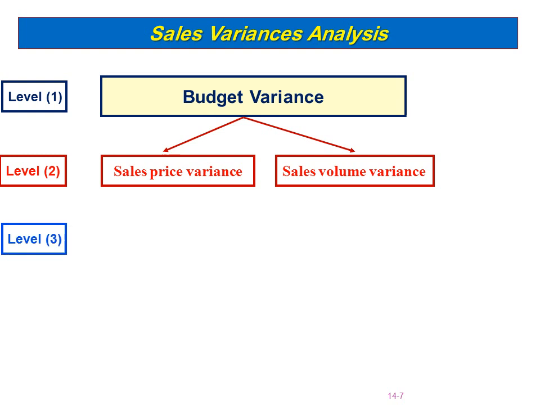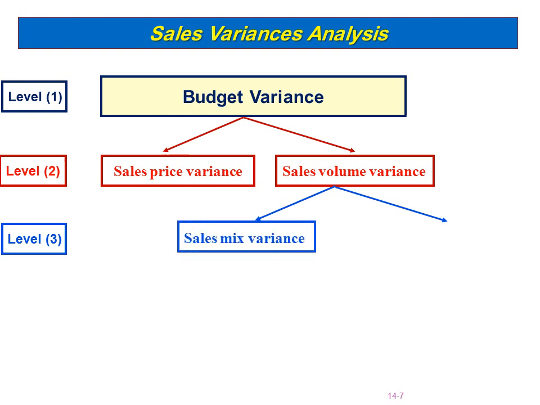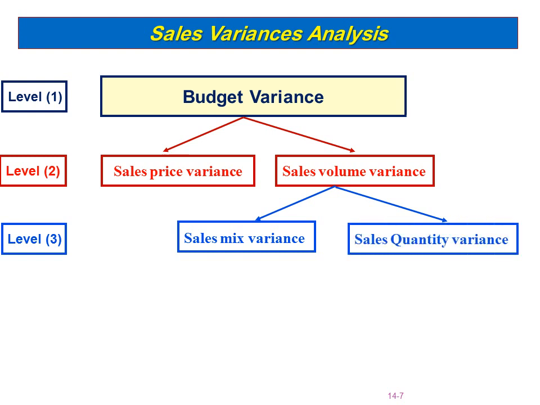In the third level, we reanalyze sales volume into 2 kinds of variances. The first one, sales mix variance, and the second one, sales quantity variance.